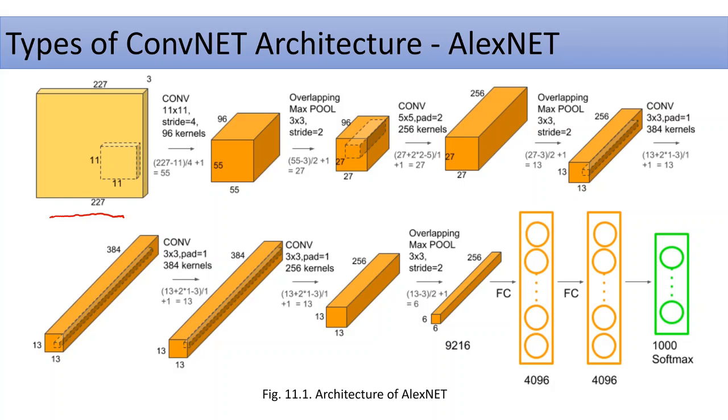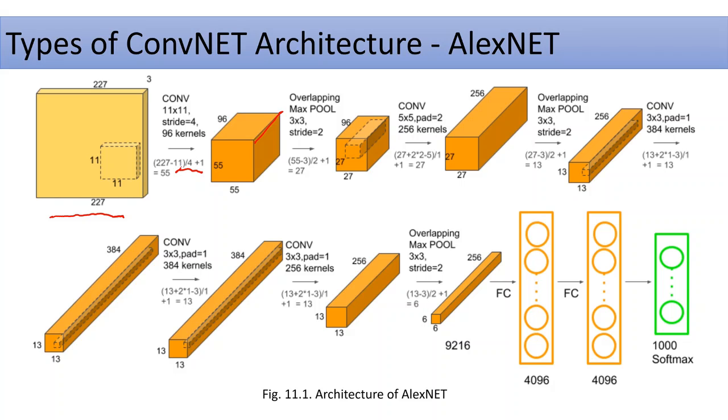So we apply the formula of (n minus f) by s plus 1 to get the size of our feature map. So we do (227 minus 11) by 4 plus 1, which gives you 55. So a 55 by 55 matrix. And then we have 96 such filters, so we get this 96 depth.